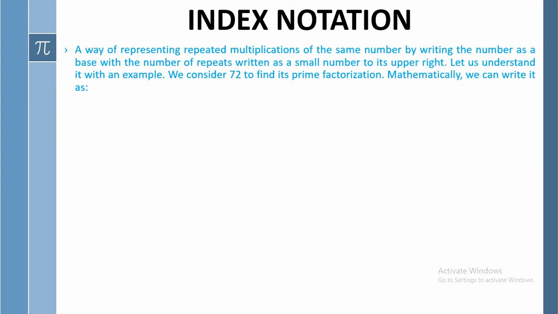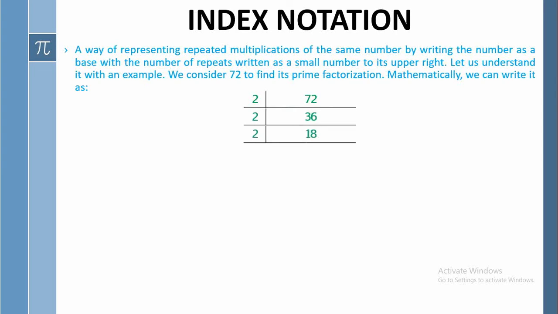In this slide, we are going to discuss it, and for this, we need to solve it with the help of an example. The example is 72. Now we need to find the prime factorization of 72. 72 is an even number, so we should start from 2. So 72 divided by 2 equals 36. 36 is also an even number, so we can divide it by 2.